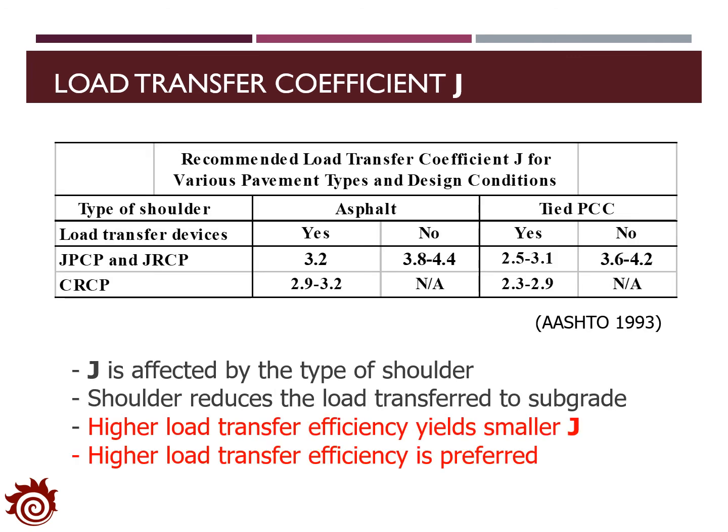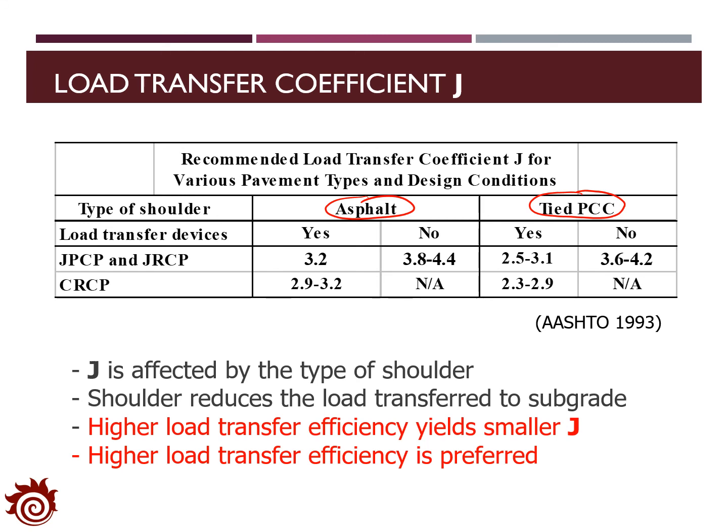The table here shows some recommended load transfer coefficients for various pavement types and design conditions. And actually, it gives us the typical values for the pavement with different shoulders, including the asphalt shoulder and tied PCC shoulder, and the different load transfer devices.